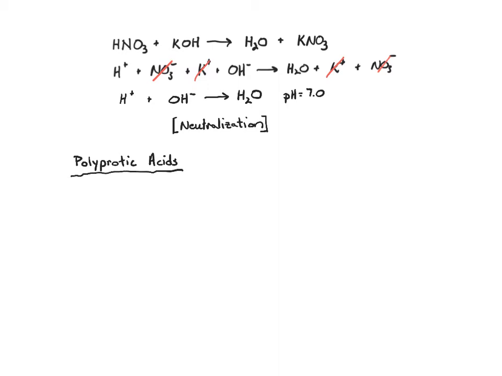When you think about something like HCl, HCl can only conceivably give up one proton, so we say that HCl is monoprotic, whereas sulfuric acid would be diprotic, and phosphoric acid would be triprotic.